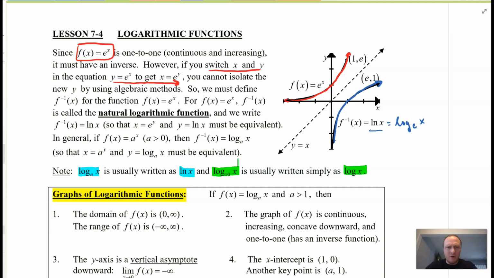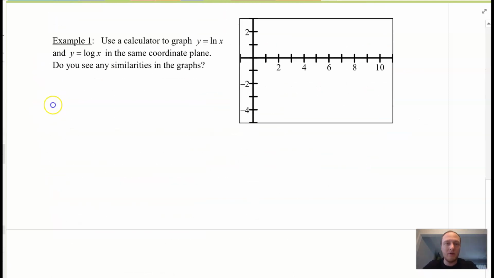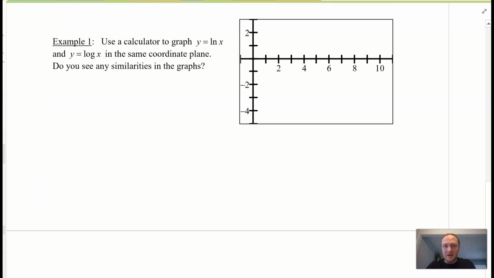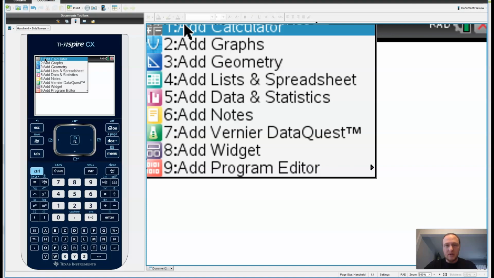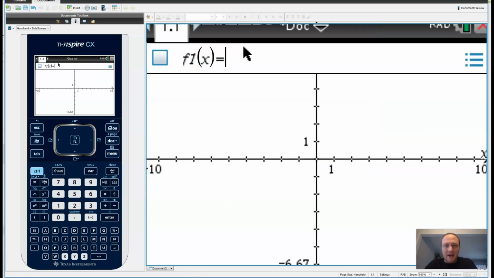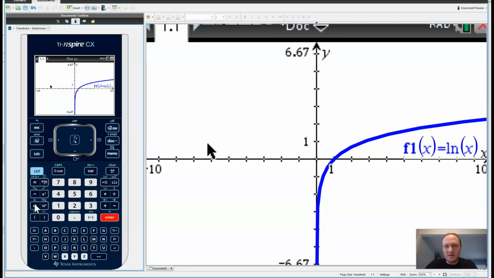Okay, so before we talk about the graphs, I want to talk about example 1. It says use a calculator to graph y equals the natural log of x and y equals log of x in the coordinate plane. So I'm going to pull up our graphing calculator, add some graphs, and plot these in. The first one we'll put in is the natural log of x.